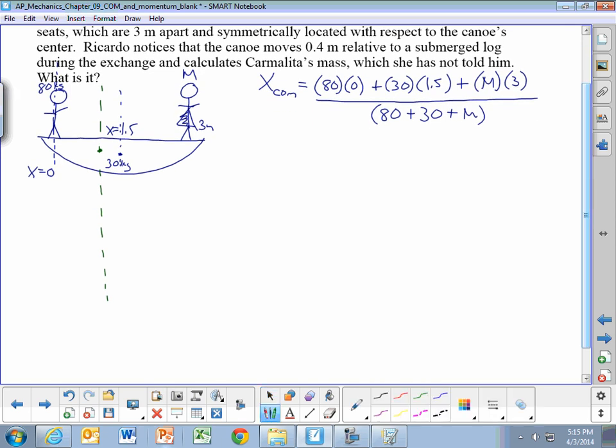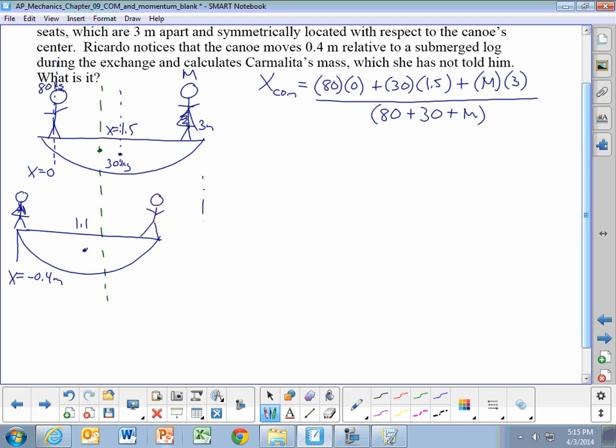The canoe itself moves. We're told that the canoe shifts 0.4 meters. So the center of the canoe went from 1.5 meters, and now it's at a position of 1.1 meters. We have Carmelita, and she's at a position of negative 0.4 meters. And we have Ricardo.